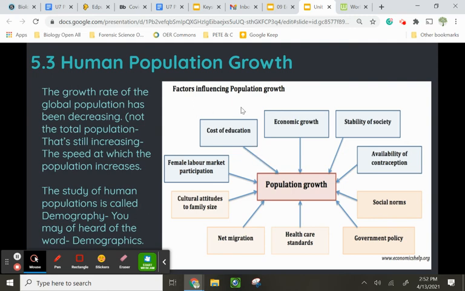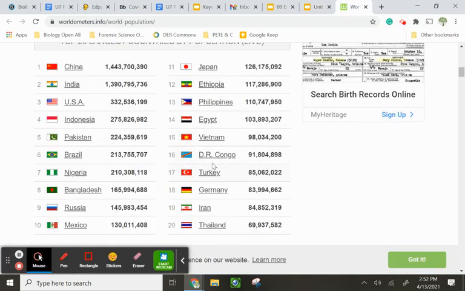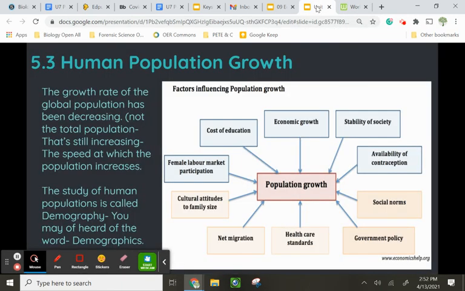There are factors that influence population growth: economic growth, stability of society, availability of birth control. In some of those countries on the world clock, birth control is not easily accessible to women. Social norms, government policy, healthcare standards, migration, cultural attitudes towards family size.